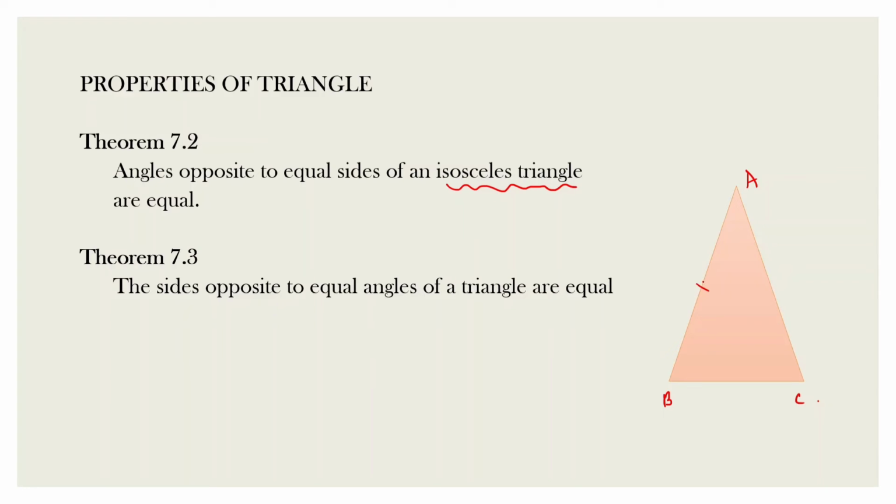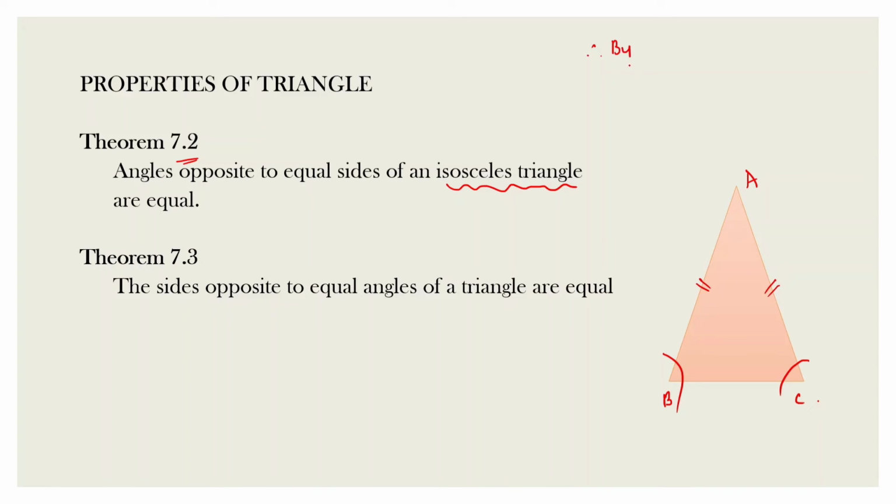A triangle which has two sides equal. So in this isosceles triangle, let's say that side AB is equal to side AC. By theorem 7.2, we could say that the angles opposite to equal sides are equal. That is, the angle opposite to side AB, that is angle C, and the angle opposite to AC, that is angle B, are equal.